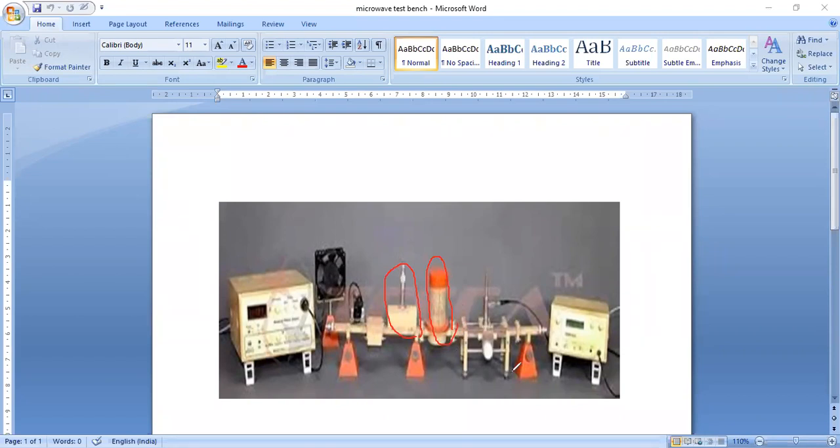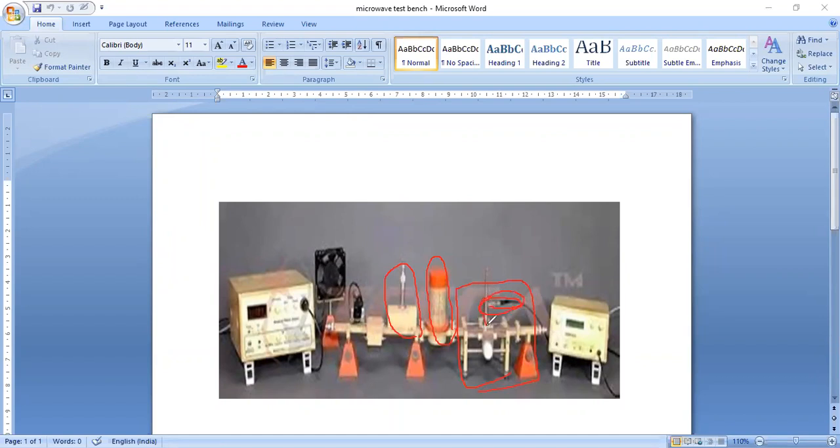Another thing you can observe is this slotted waveguide. In the slotted section, you can observe there are two scales available, and this is the probe. To this probe we can connect various devices.